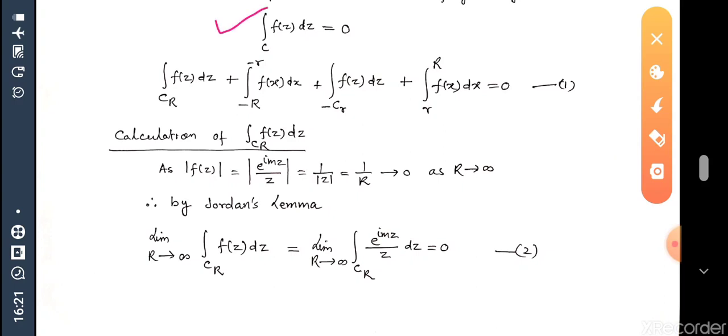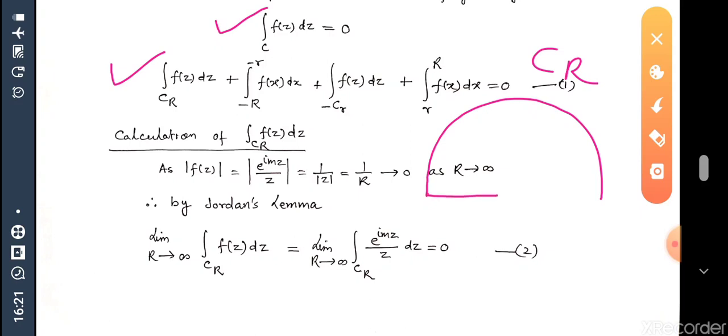This integration is written as: first we integrate along C_R, then from minus R to minus small r of f(x) dx, then in the clockwise direction we integrate along the small circle c_r whose center is 0, and then the straight line from r to capital R.